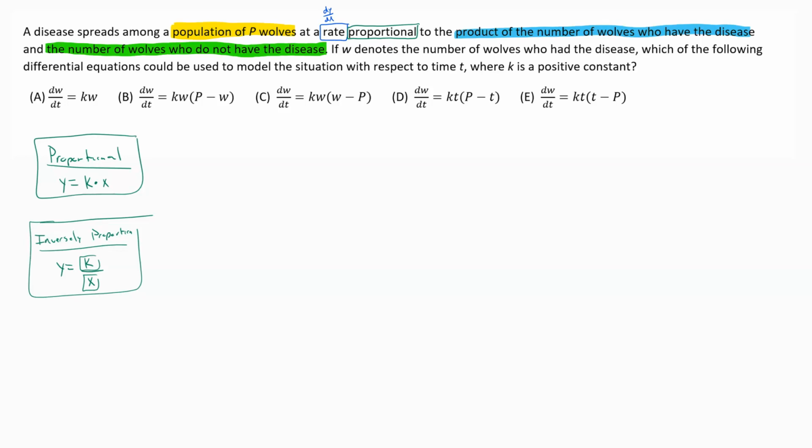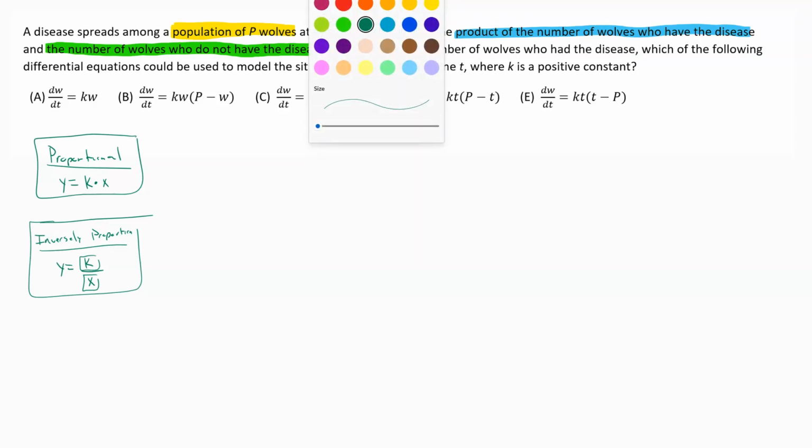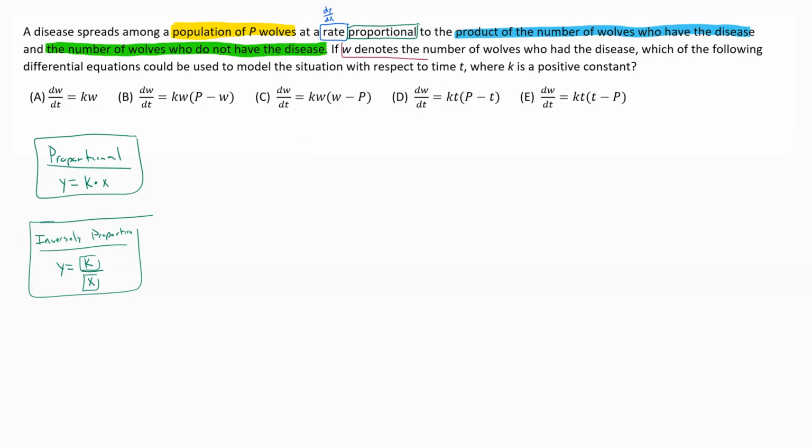Then the other piece of this is they're telling us real fast what W is. W denotes the number of wolves who have the disease. Which of the following differential equations could be used to model this situation? They all have the same derivative to start with, so there's really no helping us out in that situation.